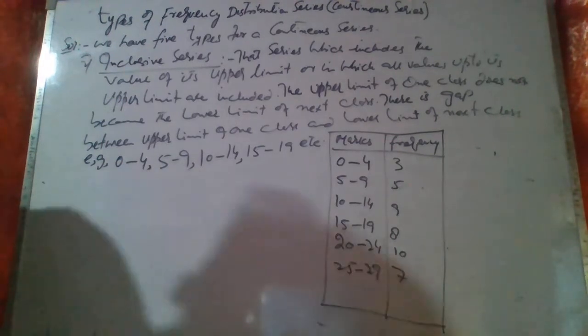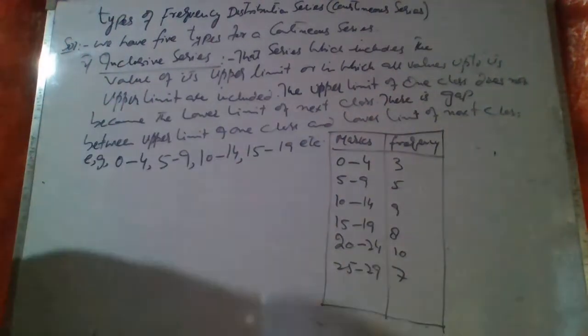Then we take the next one, that is the open-end series. The third one is the open-end series. In this series, the lower limit of the first class and the upper limit of the last class are missing.